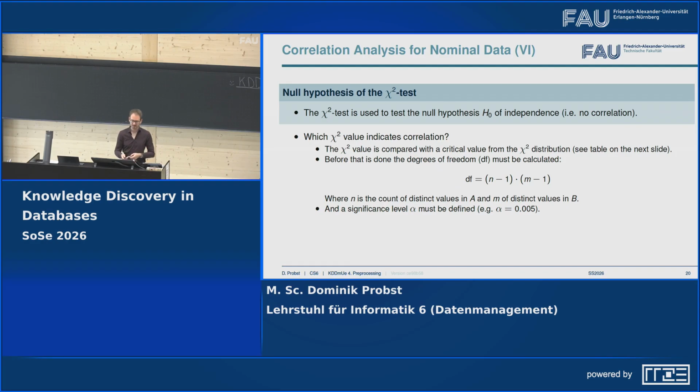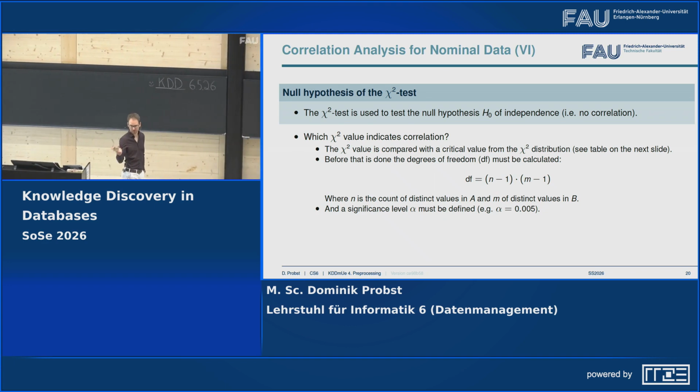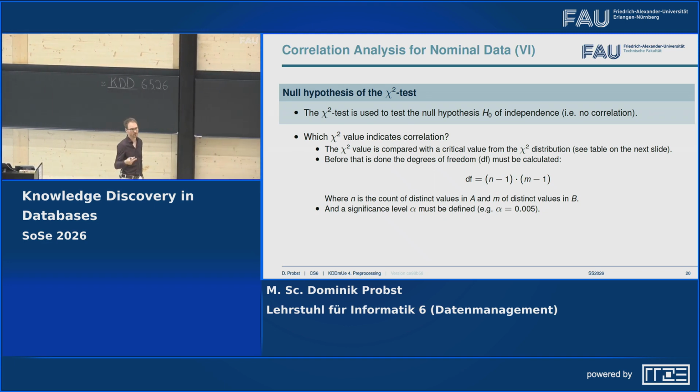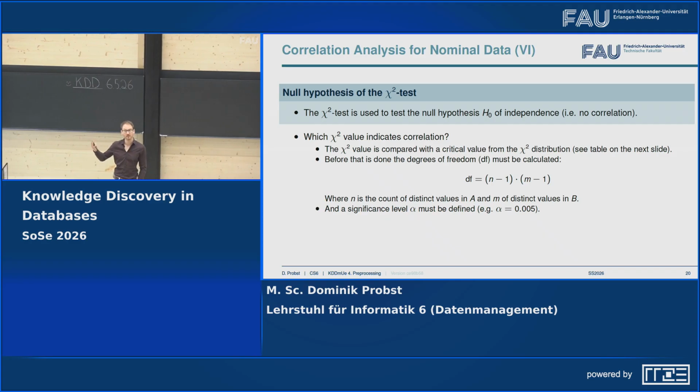So in our case, degrees of freedom is 2 minus 1 times 2 minus 1. Well, that can be simplified to 1 times 1, so degrees of freedom is 1. Pretty simple. If you would have 3 distinct values for A and 3 distinct values for B, we would of course end up with degrees of freedom 4.